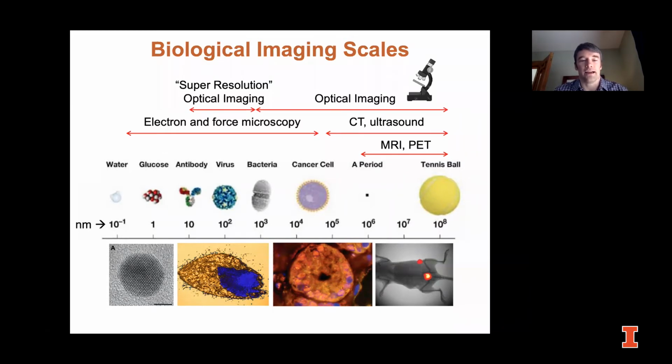And so in the last really 15 to 20 years, there's been a big revolution in the optical imaging field, which has allowed us to now go from what we could previously resolve, which is around the size of a bacterial cell, about 200 nanometers or so, down to the single molecule level, and see individual molecules and resolve objects in the range of individual macromolecules, such as antibodies and proteins, like 10 nanometers in size.